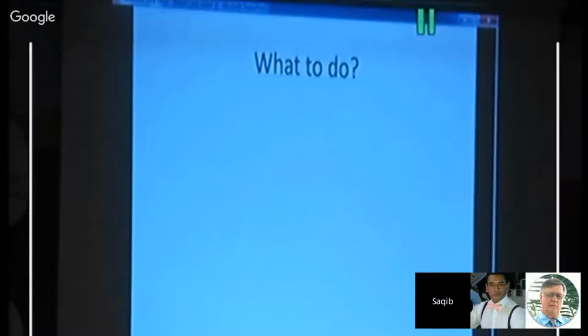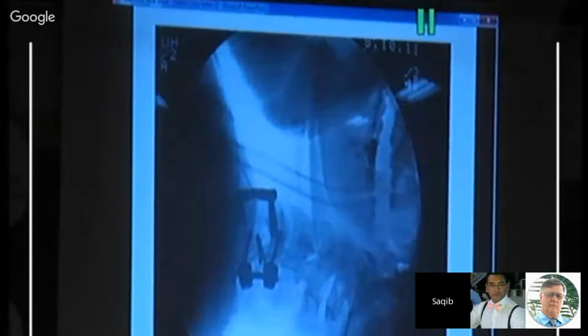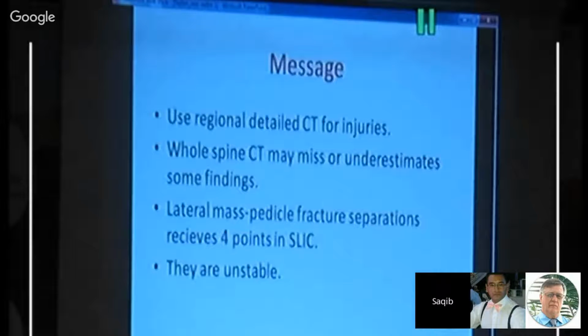So the question is what to do. In this case, we made a fusion from anterior, reduction, and fusion from anterior and posterior. You can see here the post-operative image.